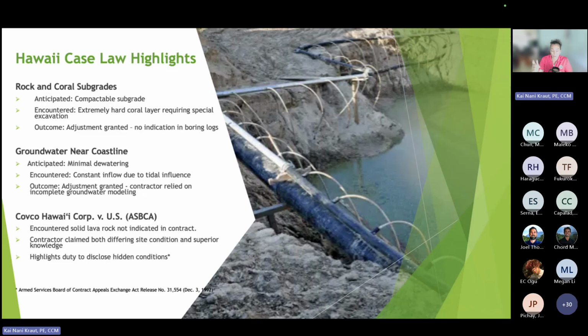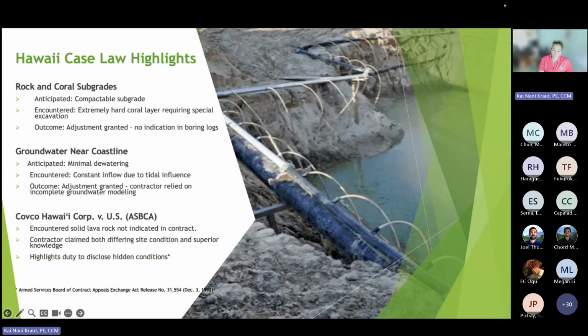So that's why I wanted to find the write-up, because I'm not sure if the same crew, basically if DOT does a job over here and encounters that situation, so within the organization they have knowledge, and then they do another job in a similar location and don't provide that, then they have superior knowledge as well as a differing site condition if it wasn't indicated in the plans. So a little bit of a different scenario.